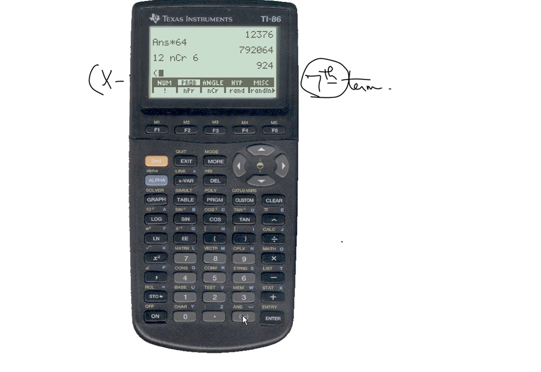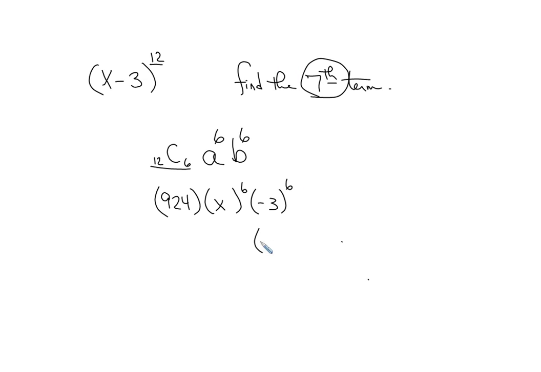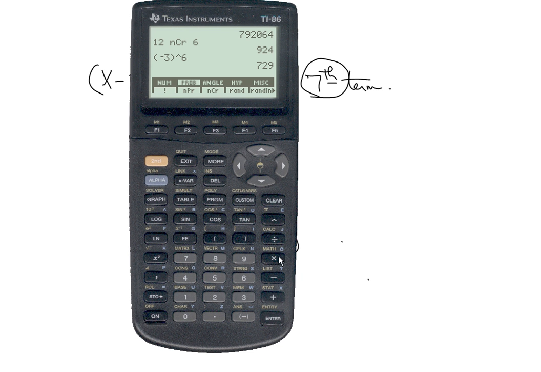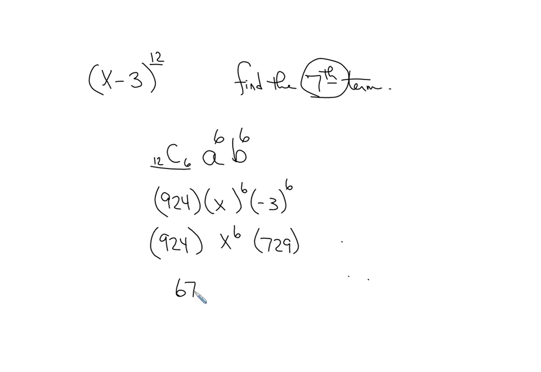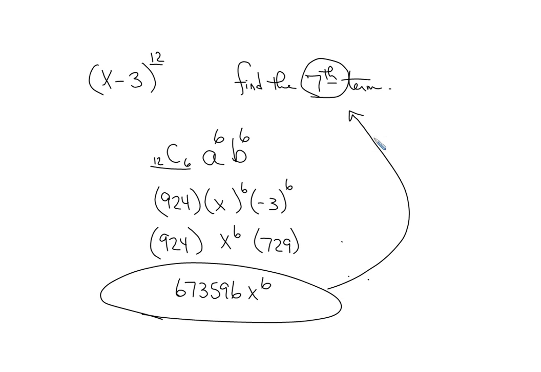I have to do parentheses, negative 3, to the 6th, because the negative has to get raised to the 6th power also. 729. What's the last thing I have to do? Multiply the numbers, right? 924 times 729. Our final answer: 673,596 x to the 6th. That is the 7th term in this expansion.